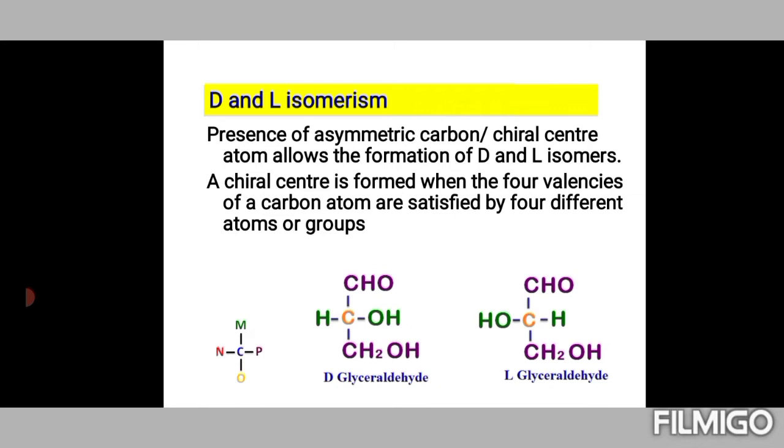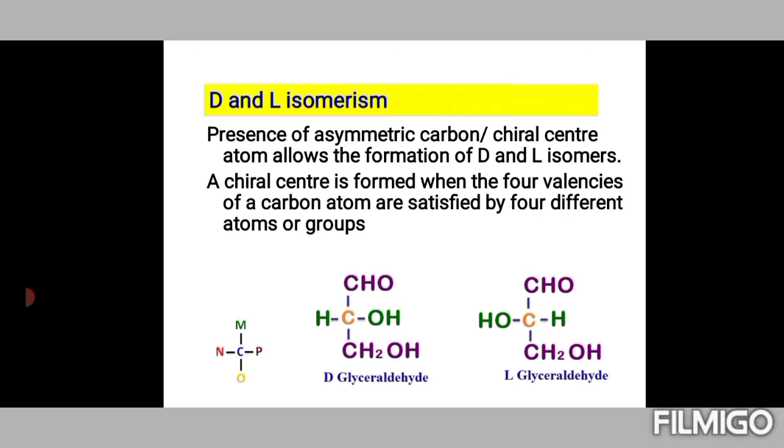Now, how is a D and L isomer formed? Here there are D-glyceraldehyde and L-glyceraldehyde. The criterion is this: this is the central chiral center in D-glyceraldehyde. If the OH group on the chiral carbon atom is attached to the right hand side, it belongs to D-glyceraldehyde, or dextroglyceraldehyde.